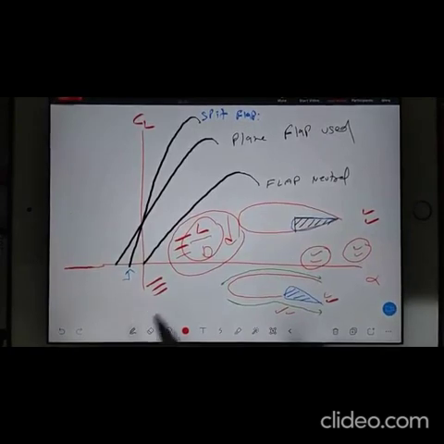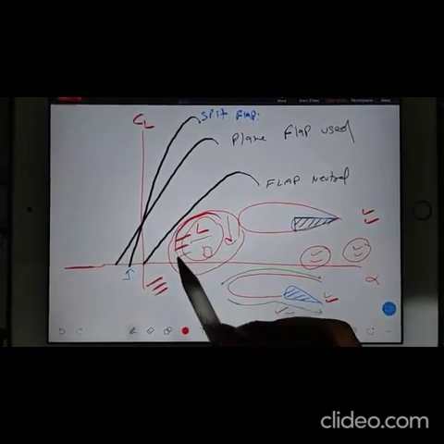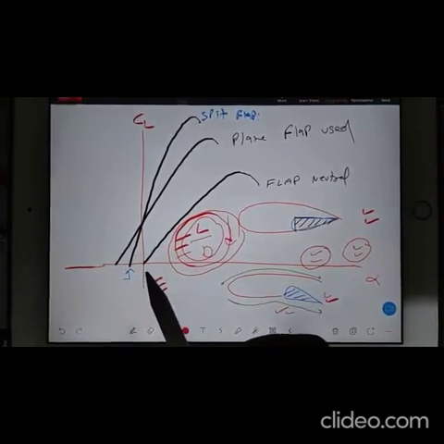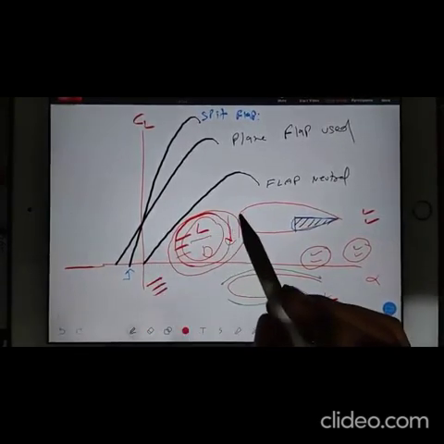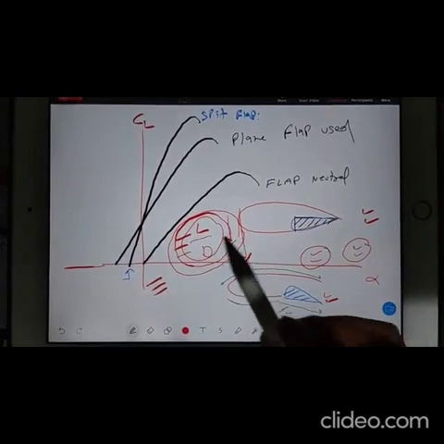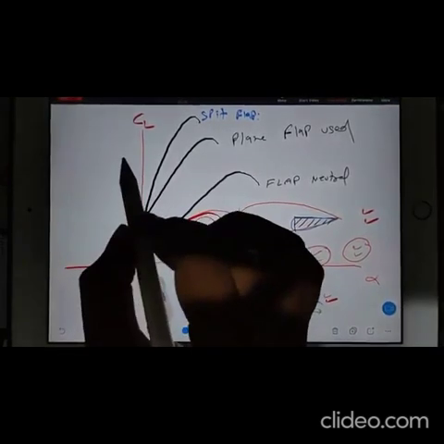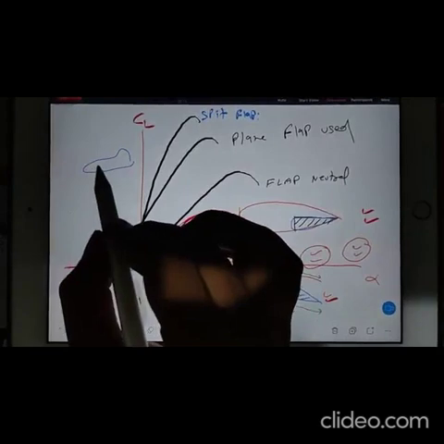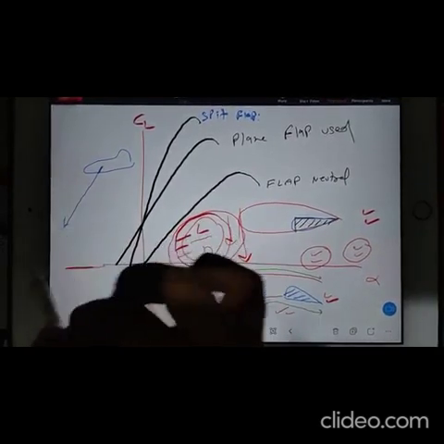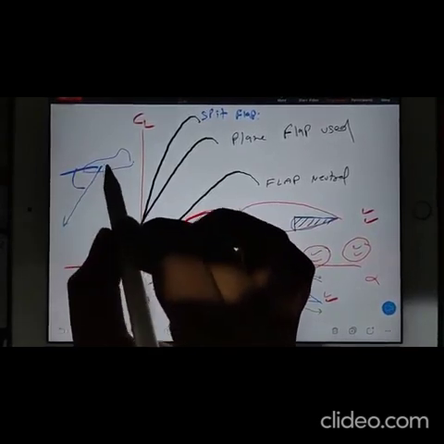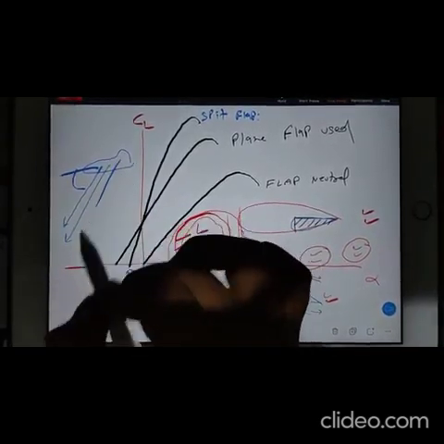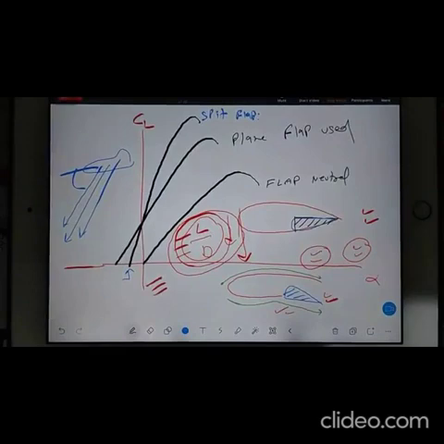And whenever you are losing your L by D ratio, means whenever you are losing your efficiency, that time you get a steeper glide. What is steeper glide? Steeper glide is a phenomenon. If you have an aeroplane, and if the aeroplane suddenly starts gliding like this at so much angle of attack, like a falling situation. So that's why we don't use this kind of flap in heavy aircraft.